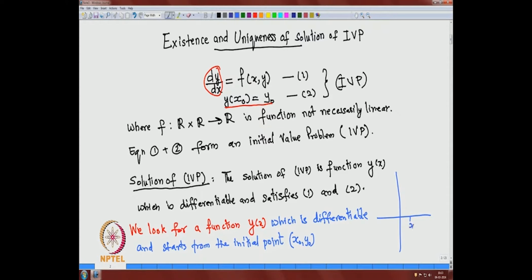That is, if this point is x0 and this point is y0, say this is the point (x0, y0).